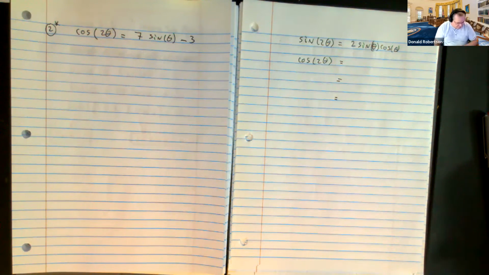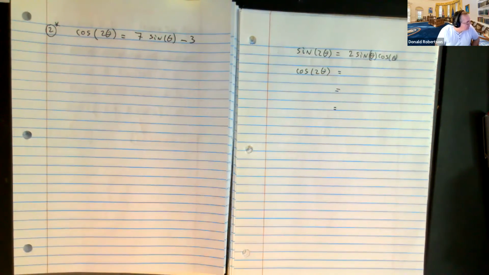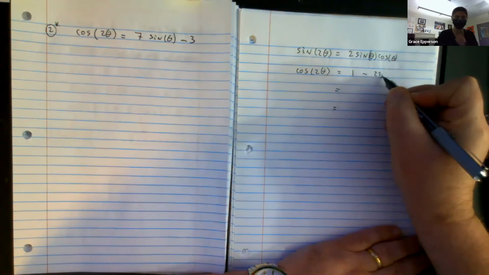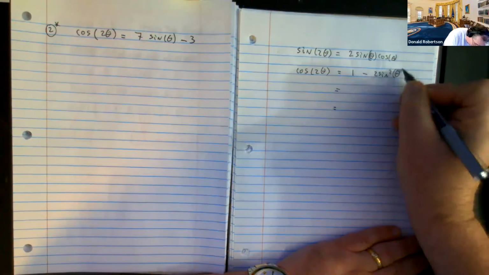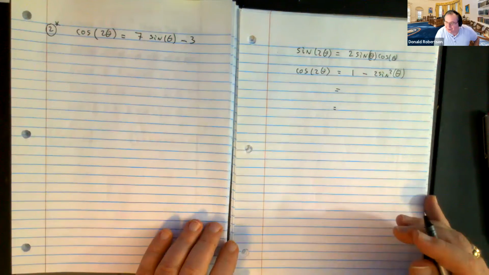Does anybody remember any one of the 3 equations for the cosine of 2 theta? There are 3 of them, any one of them. One minus 2 sine squared theta. Nailed it, perfect. Pushing your luck a little bit, but does anybody know any of the other 2?